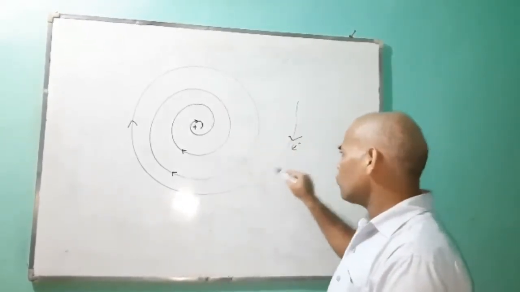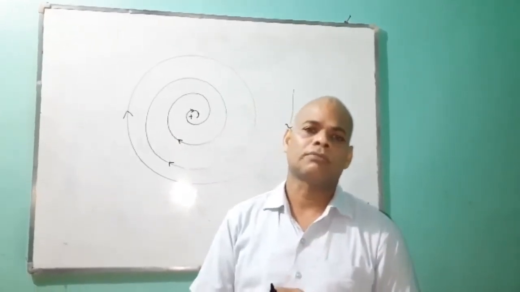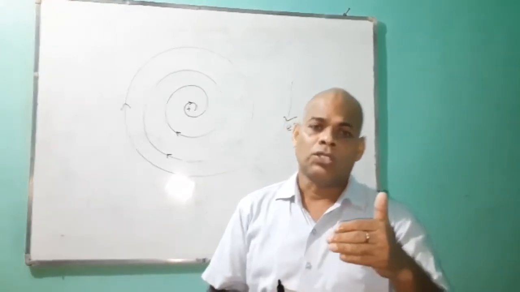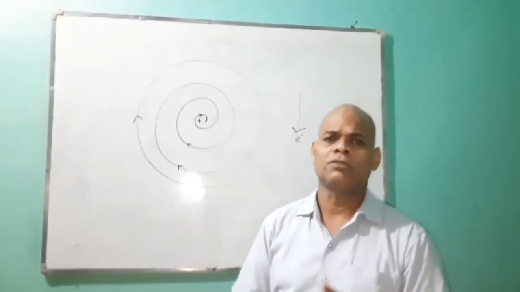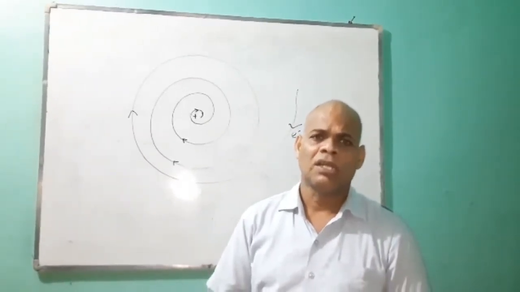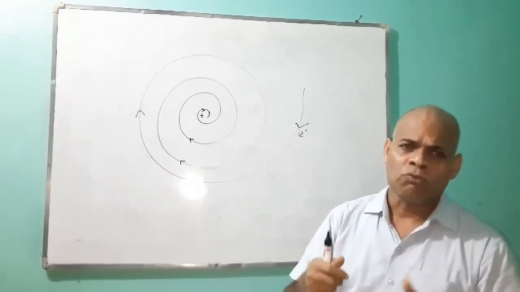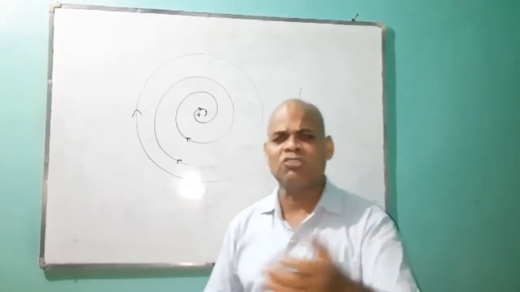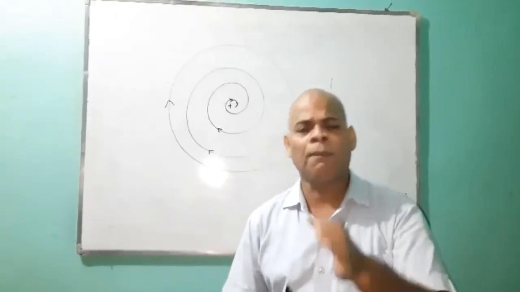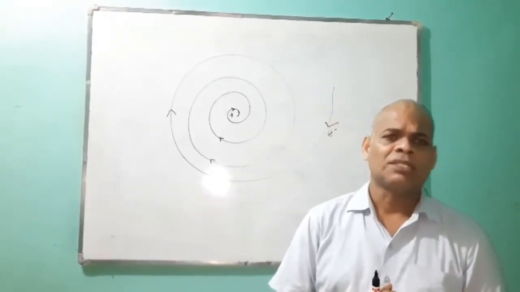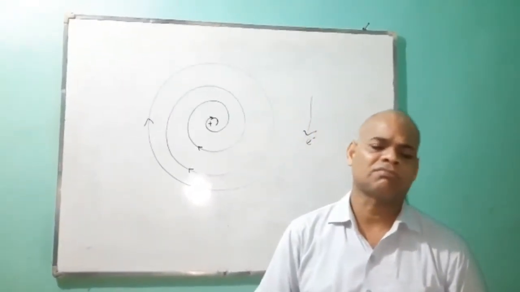So if the electron follows a spiral path and continuously loses its energy due to continuous radiation of energy, then this accelerated electron will be attracted by the nucleus, because the nucleus is positively charged due to the presence of protons.